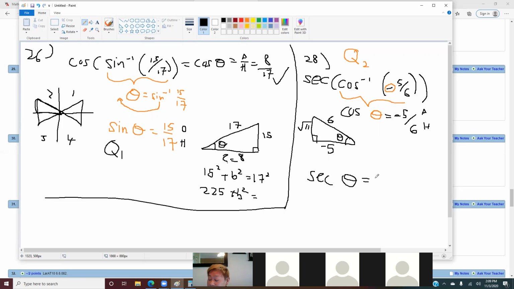It will be negative 6 over 5. So that is your answer in this case. You with me here? And what happens if I change this secant to become tangent?